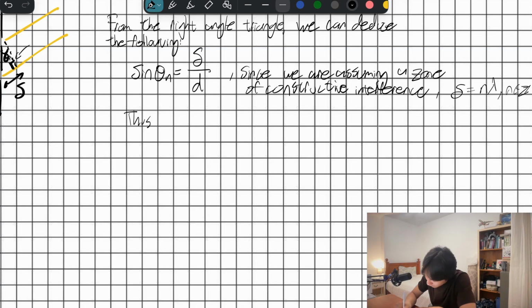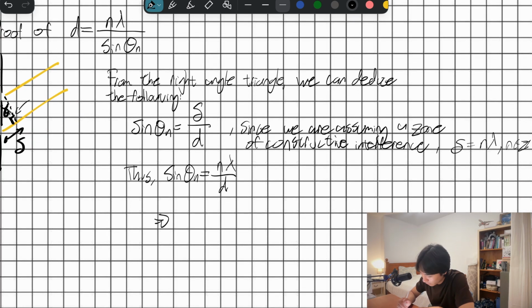Thus, sine θn is going to be nλ over d, which is equal to the proof that we need here, and hence proved.